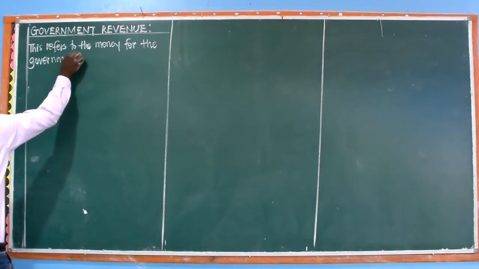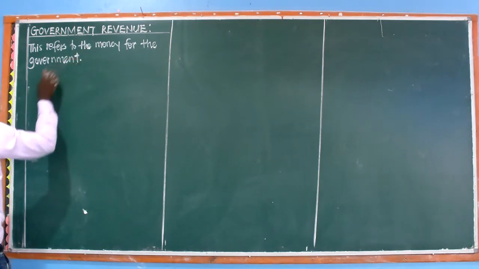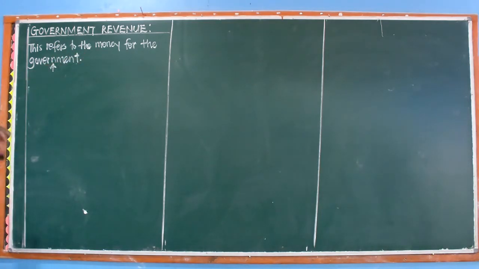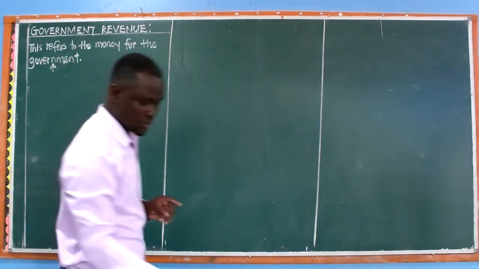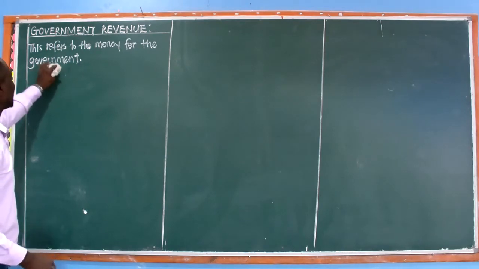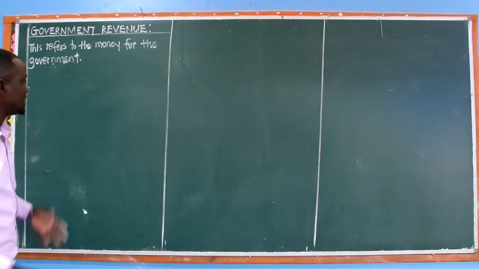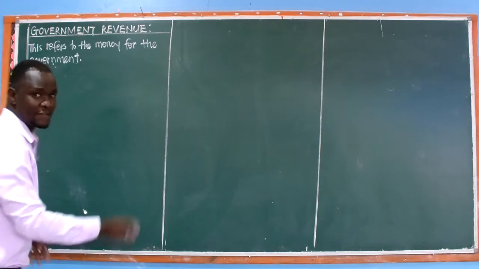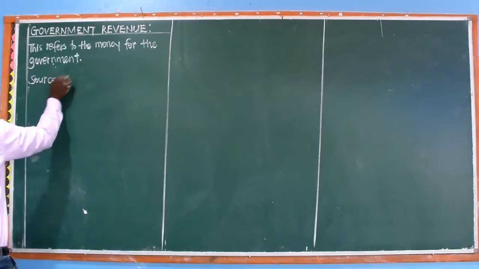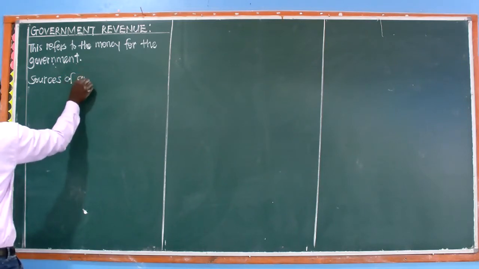Remember the other time when we were introducing this topic, we understood that the word government has that N there, which I don't want you to forget, this silent N. So that is the simple way of defining government revenue. Now, we are going to look at the sources of government revenue.